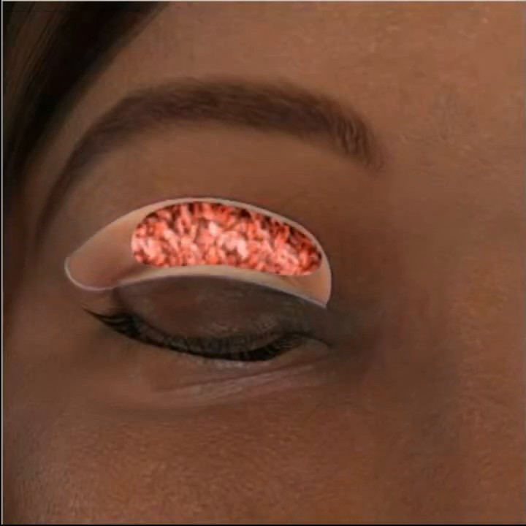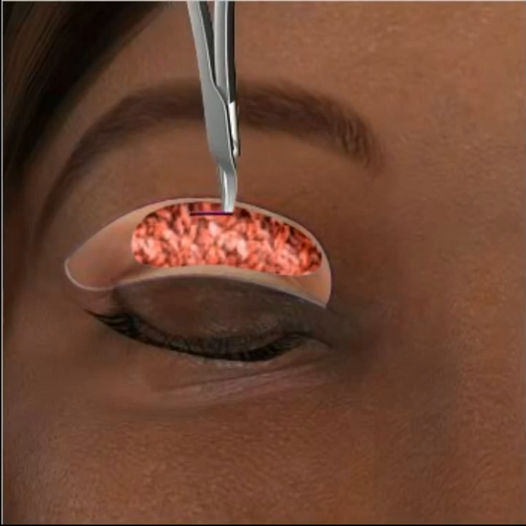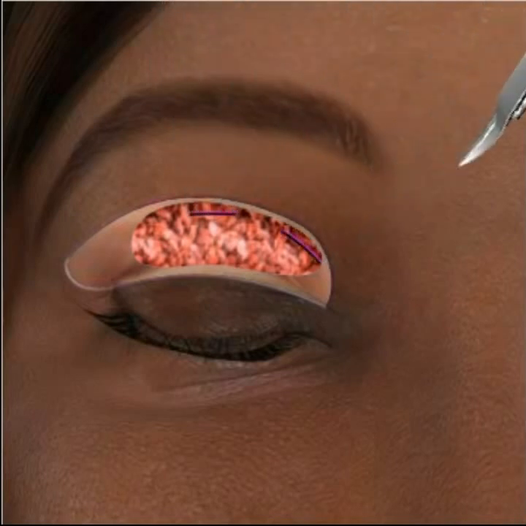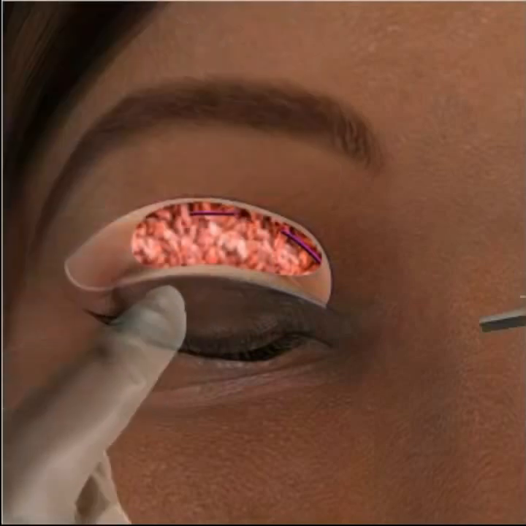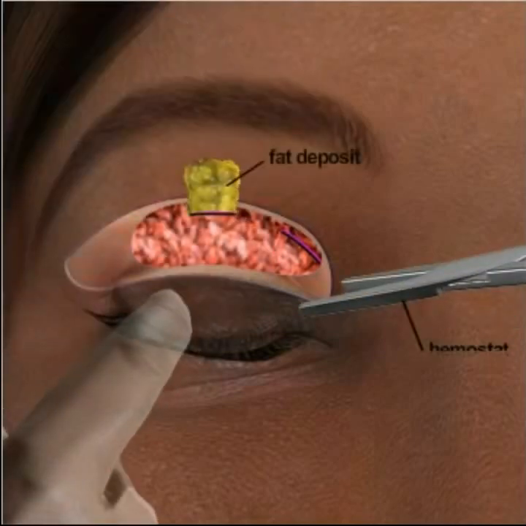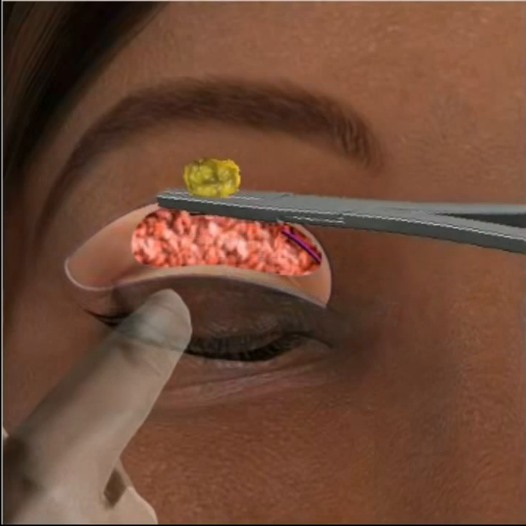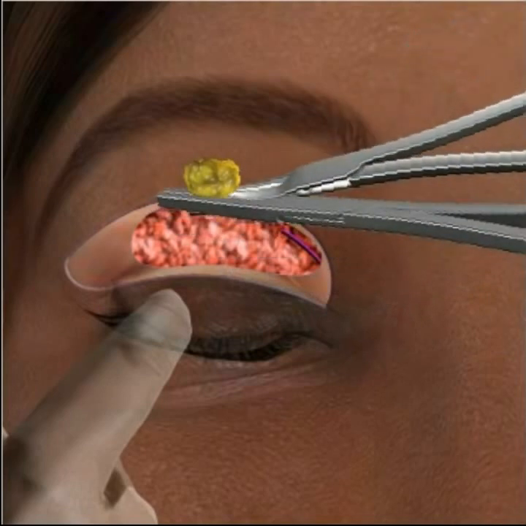In order to gain access to the 2 fat deposits in the upper eyelid, the physician must first make very small incisions in the orbital septum, which is a thin membrane that lies between the layers of muscle and fat. By pressing on the upper eyelid, the physician will expose the fat deposits through each of the incisions.